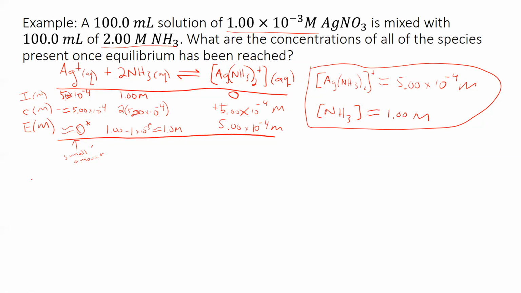What we know about K2 is that it's the concentration of the silver complex with 2 ammonia divided by the concentration of the silver complex with 1 ammonia times the concentration of the ammonia.